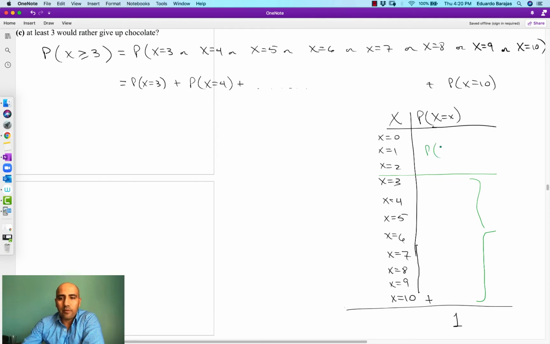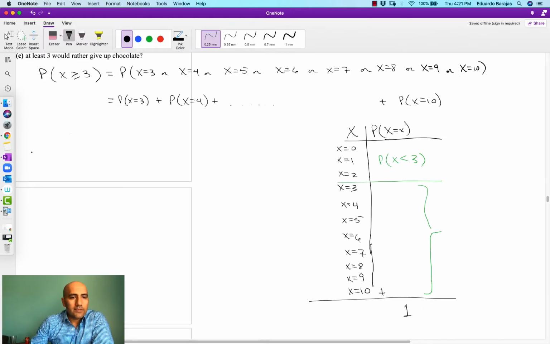This one was the probability that x was less than 3, right? We already figured out the sum of these three values in the previous example, so we can take advantage of that. So we're going to come back over here and do the following. We're going to say that the probability that x is greater than or equal to 3 is equivalent to the complement, 1 minus the probability that x is strictly less than 3.